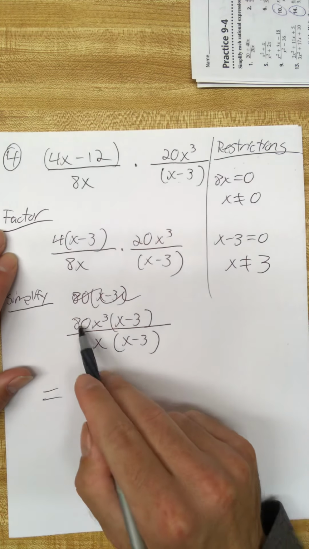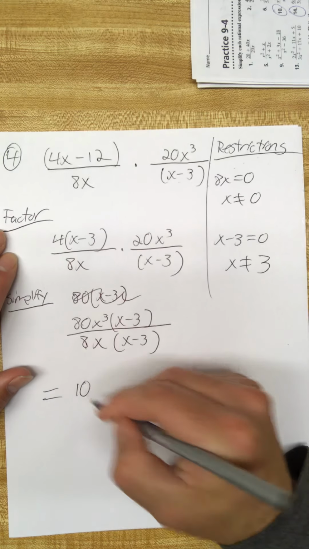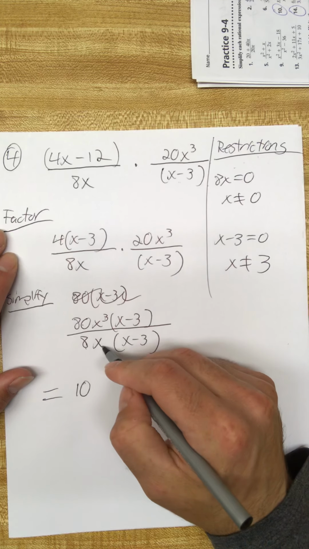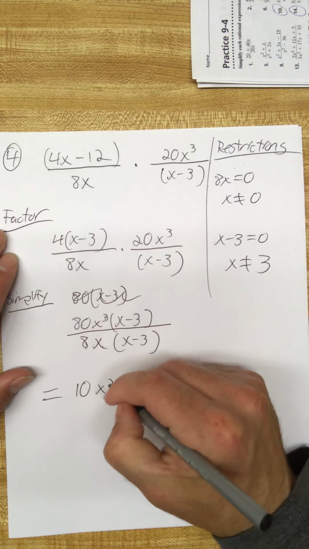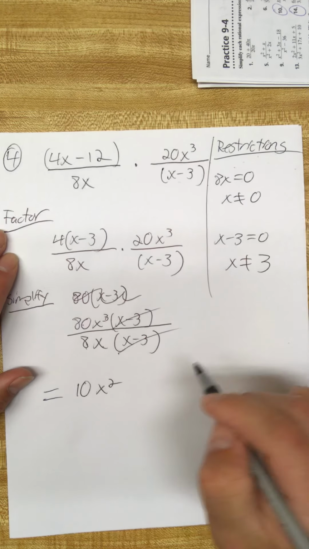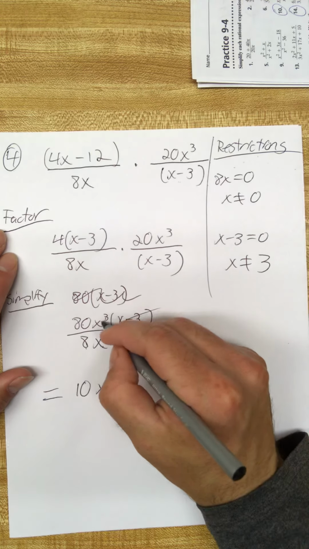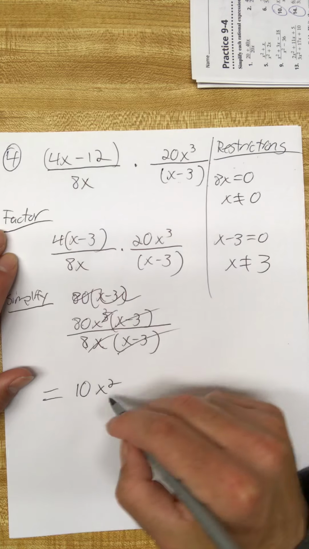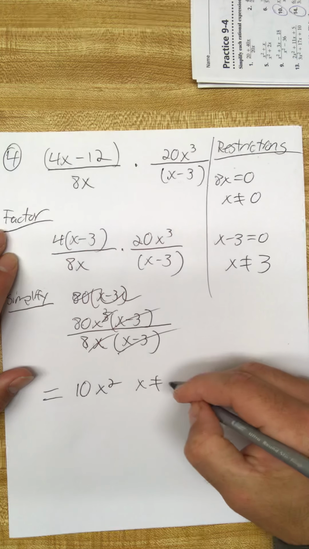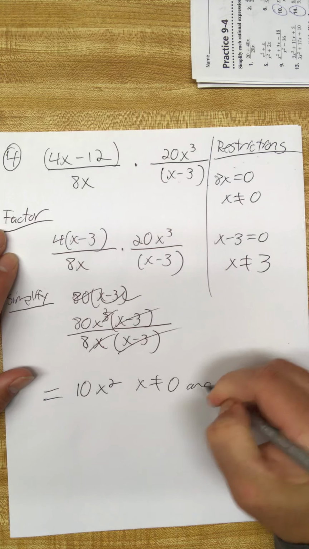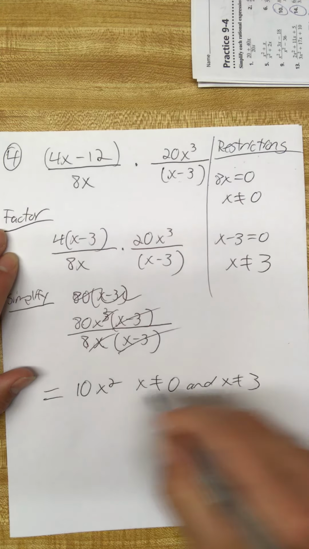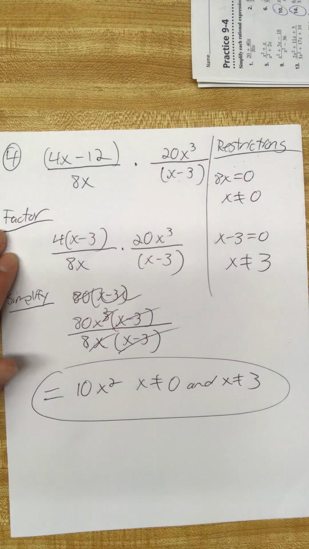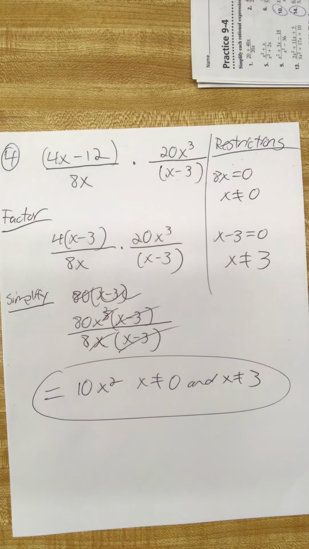So my final answer, 80 divided by 8 is 10. X cubed divided by x, I take one of those x's away, so I have x squared. X minus 3 divided by x minus 3 is 1. And x cannot equal 0, and x cannot equal 3. That's your final answer.